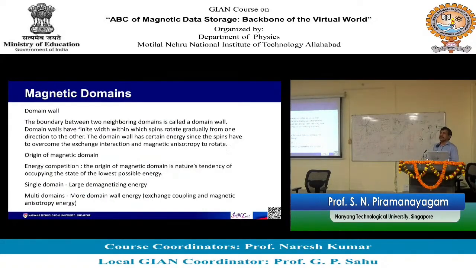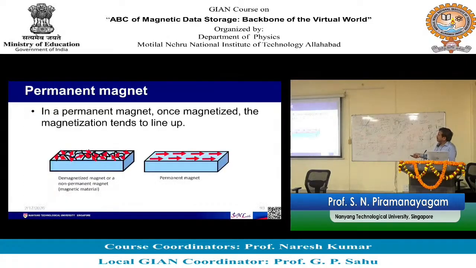Okay. So, if you take a fresh piece of magnetic material, let us say you melt iron. Okay. So, you take a piece of iron, melt and press it to some shape. So, now you have a piece of magnetic material. So, within that magnetic material you will have domains, magnetic domains, which means you will have regions.